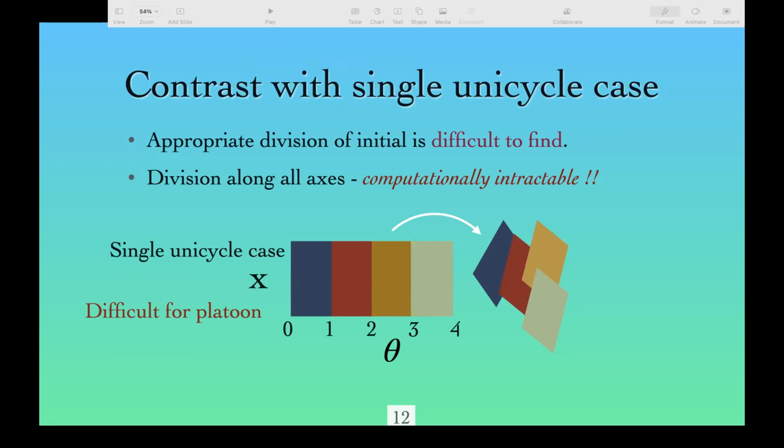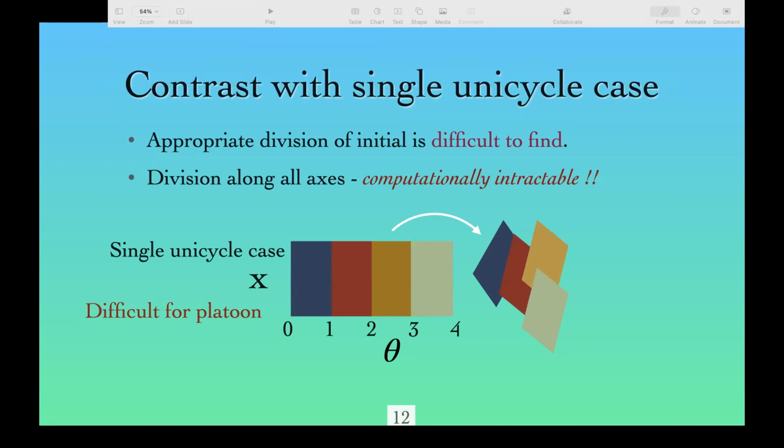The nonlinearity in the 12-dimensional model arises due to multiple variables, and it will be very difficult to find exactly along which axis to divide the initial set so that we get the best possible approximation of the forward reachable sets. So that is one difficulty with reachability analysis of the unicycle platoon model as compared to the single unicycle model.